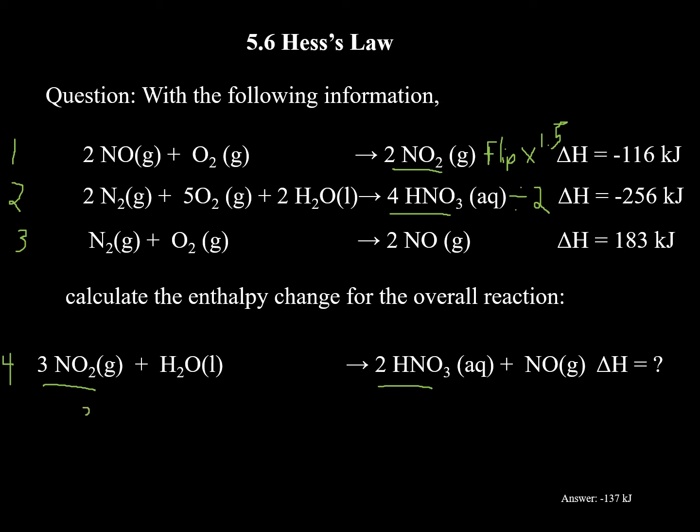So let's just write this out for you guys first. We have 3 NO2. I'm just flipping and multiplying by 1.5. Gives us 1.5 O2 plus 3 NO. What did we do to line number 2?